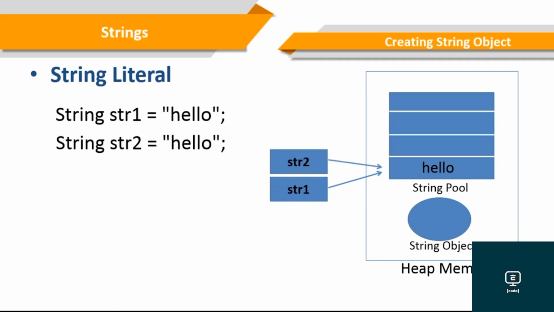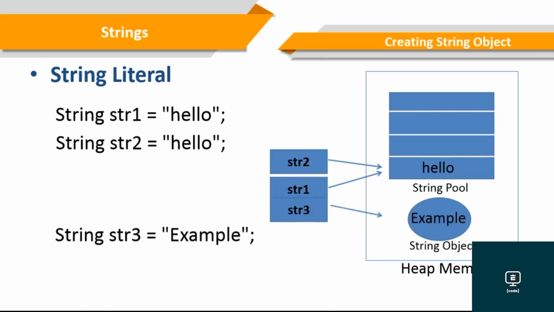On the second line, String str2 = "hello". Here, a new string object in the string pool will not be created because the string pool already contains the same object with the string hello. So str2 refers to the same string object in the string pool.